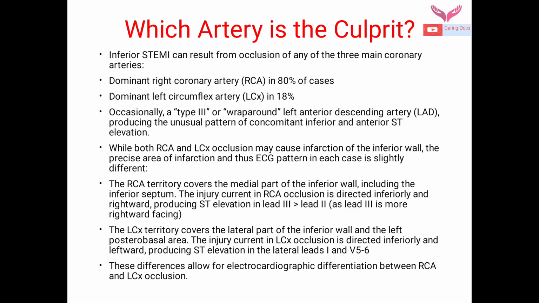While both right coronary artery and left circumflex occlusion may cause infarction of the inferior wall, the precise area of infarction, and thus the ECG pattern, in each case is slightly different.